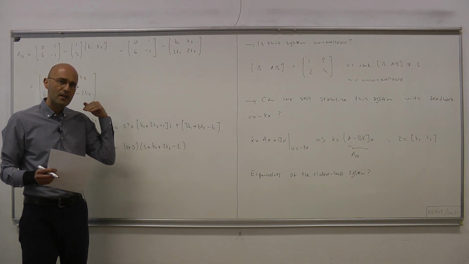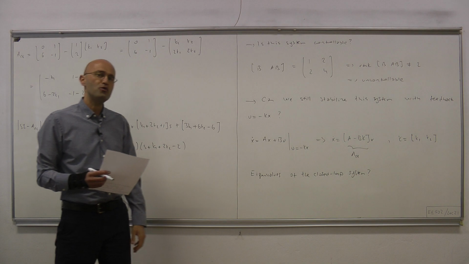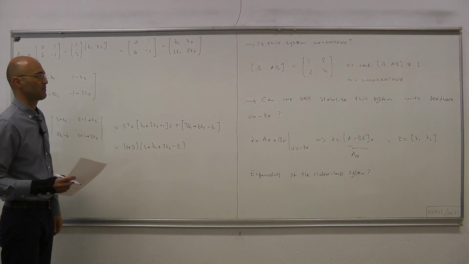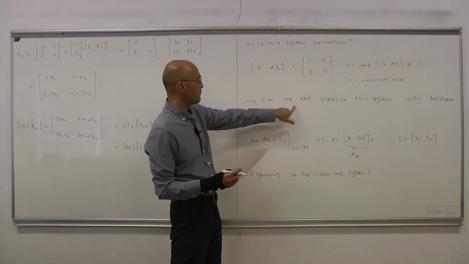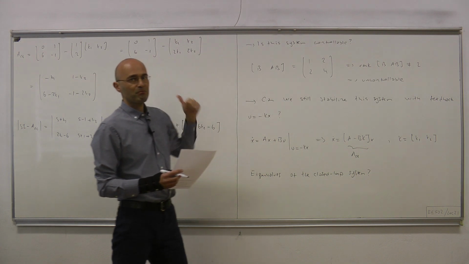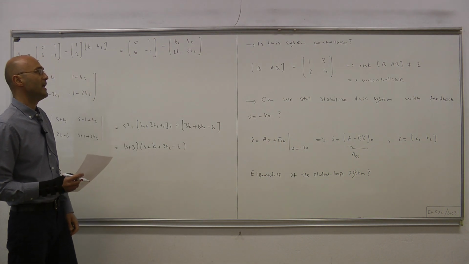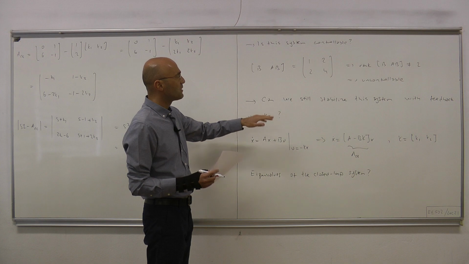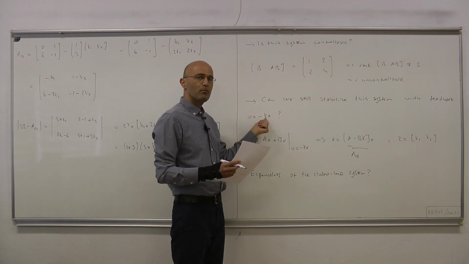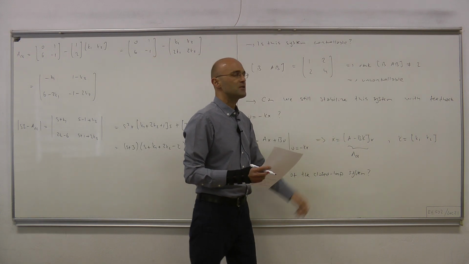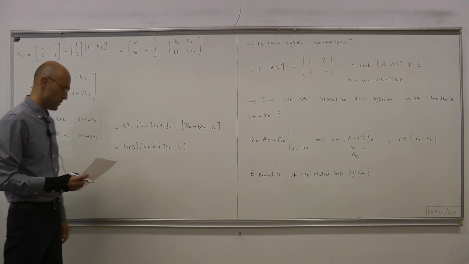In other words, all the solutions will converge exponentially to the origin. So therefore, even though the system is unstable and uncontrollable, by choosing a proper state feedback, we can still stabilize this system.